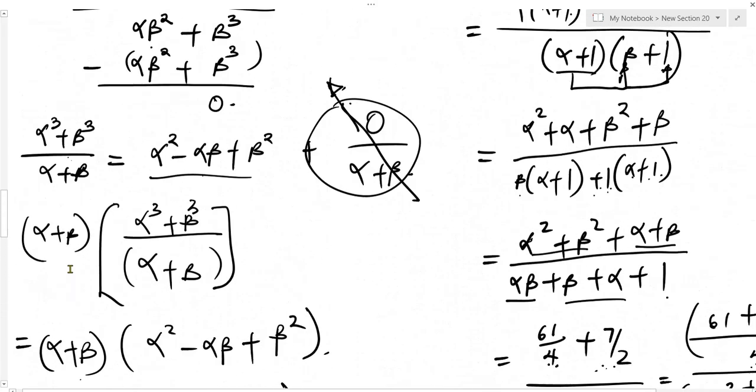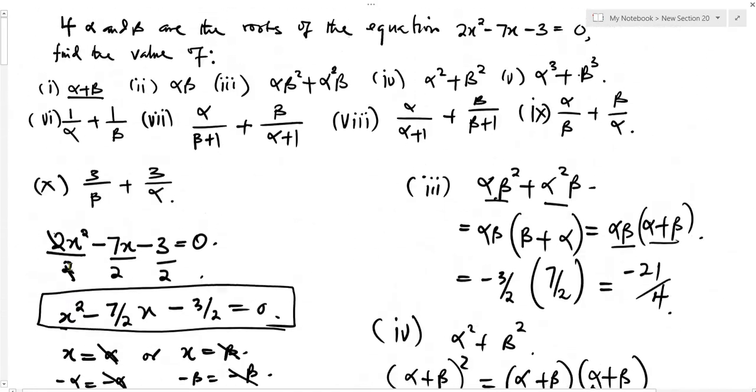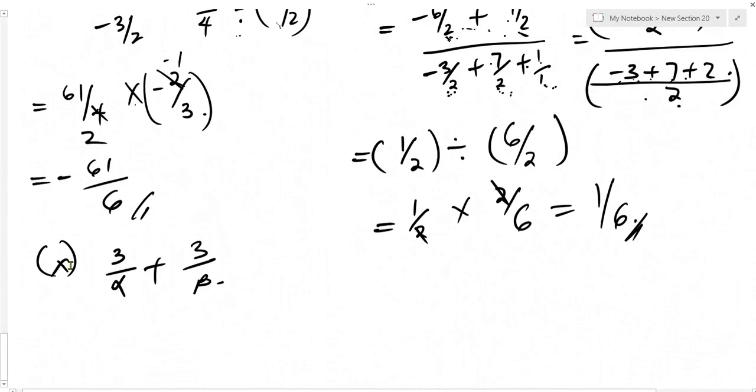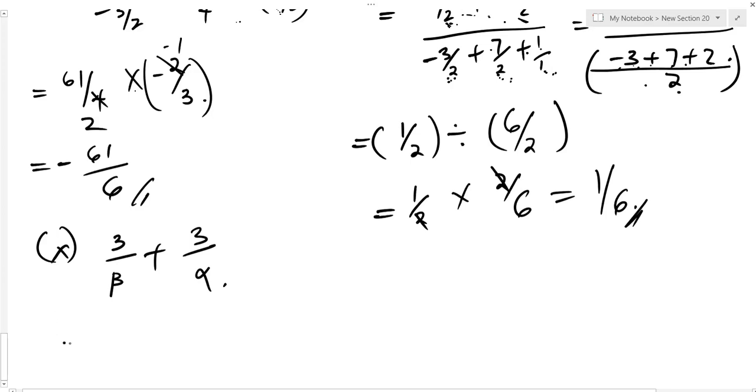Or is it 3 over beta plus 3 over alpha? Okay, 3 over beta plus 3 over alpha. Just the same thing. But let me write it the way it is written. It's the same thing.